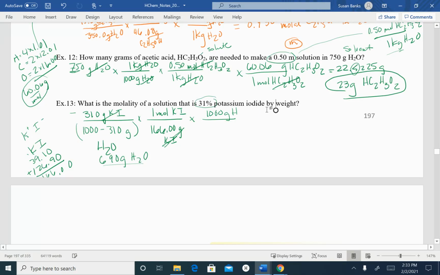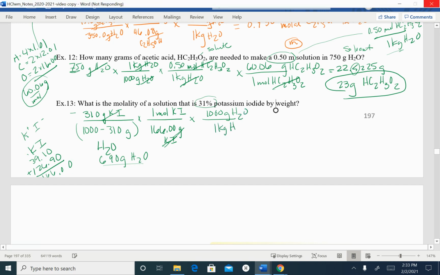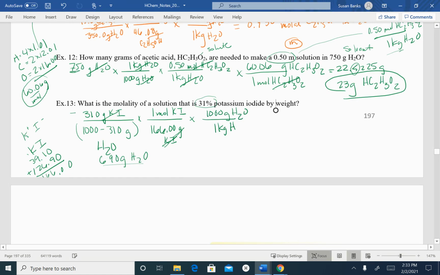So 1,000 grams of water and 1 kilogram of water. Okay, so if we do that, our grams of water cancel out. So our units that are left are moles divided by kilograms, which is exactly what we want for molality.